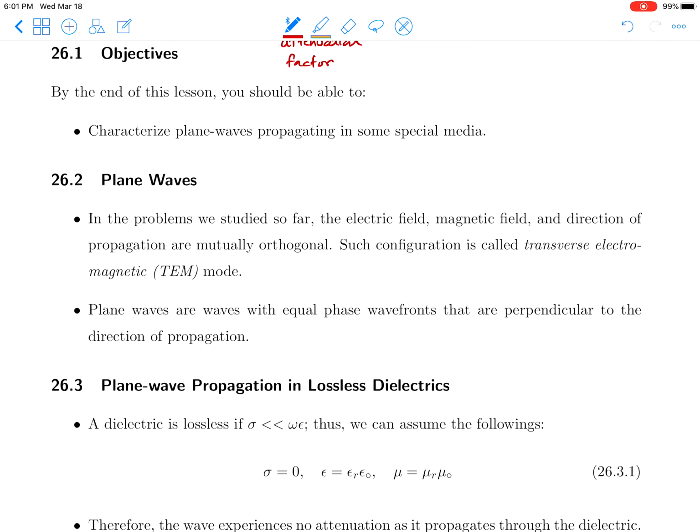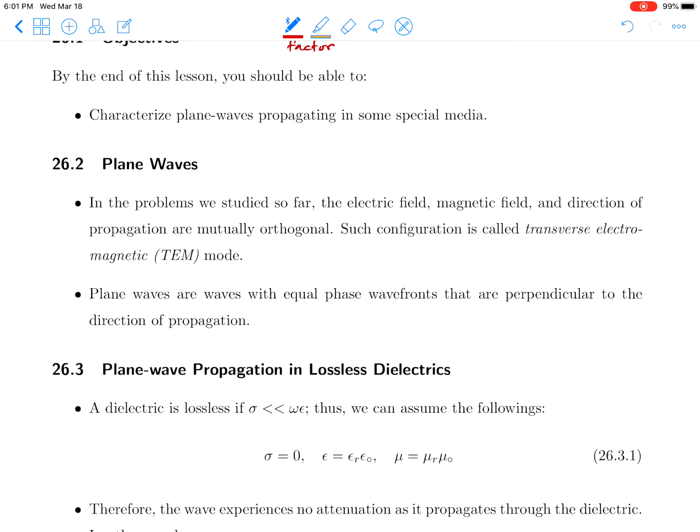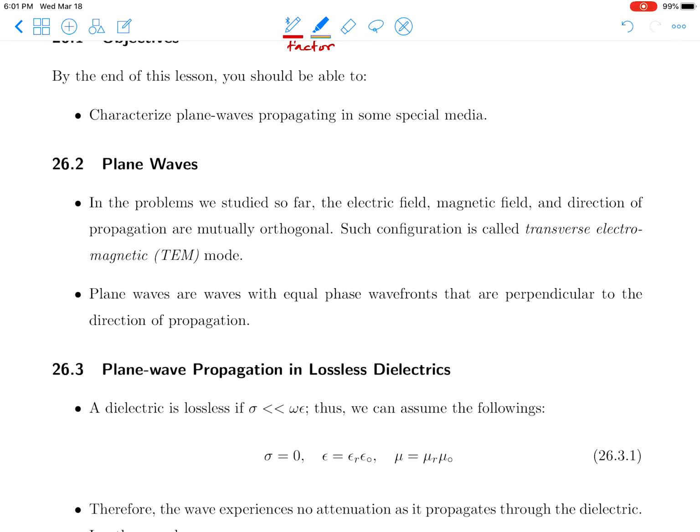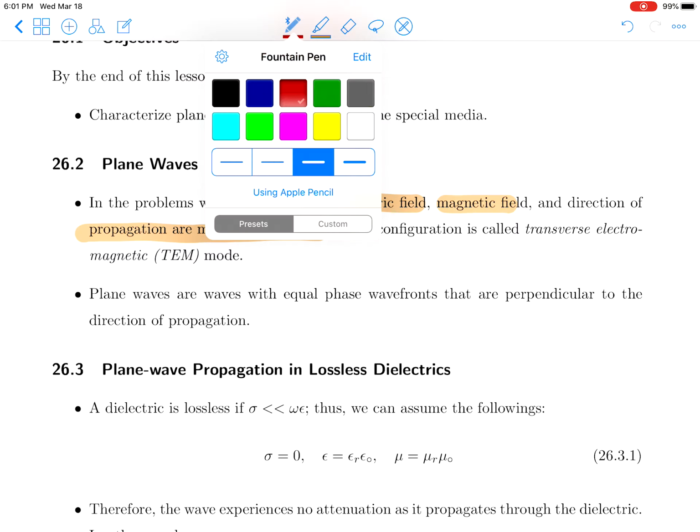But before that, let's talk about plane waves. In the previous problems, we always assumed that the wave we have is a plane wave. In general, we assume that the electric field, the magnetic field, and the direction of propagation are mutually orthogonal.